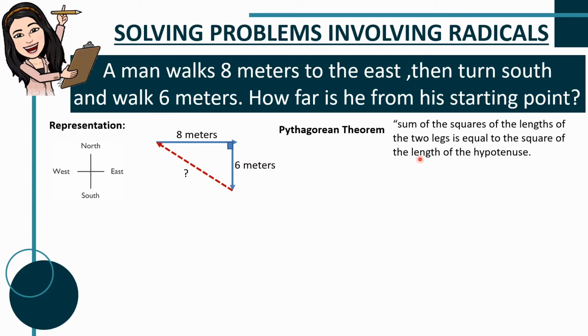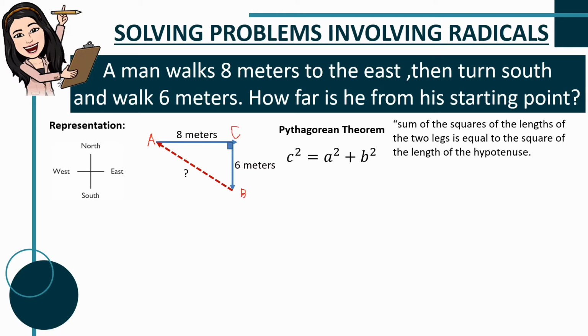So, when we represent it as a mathematical sentence, this will be c squared equals a squared plus b squared. So, saan galing si c squared, si c, si a, at si b? Okay, suppose that we have here, or we represent this as A, this is B, and this is C. Suppose that.